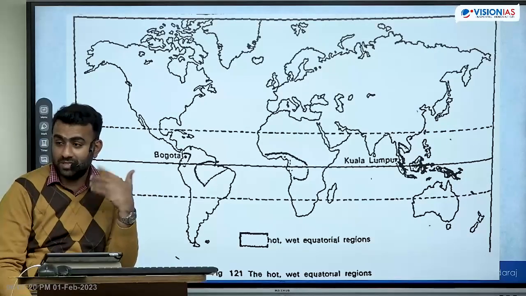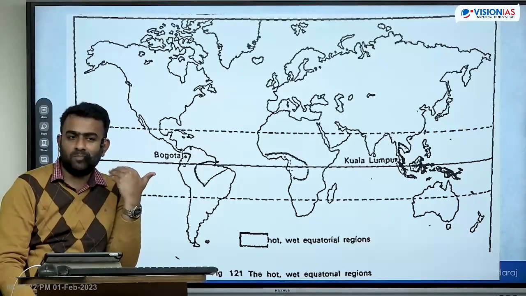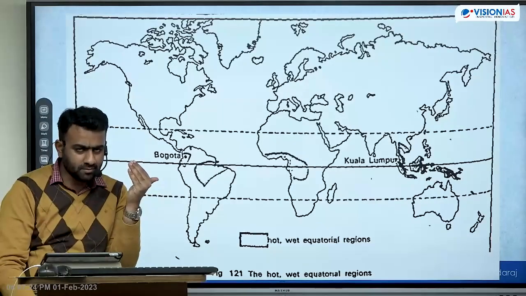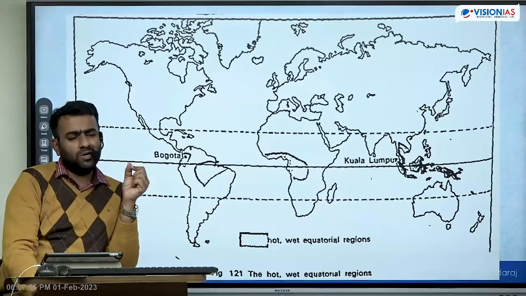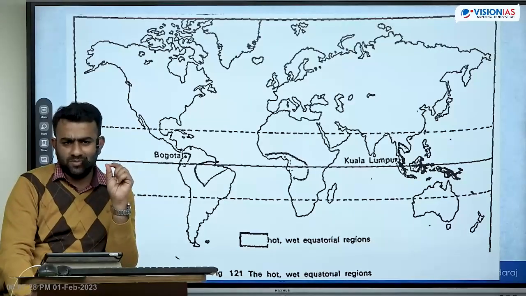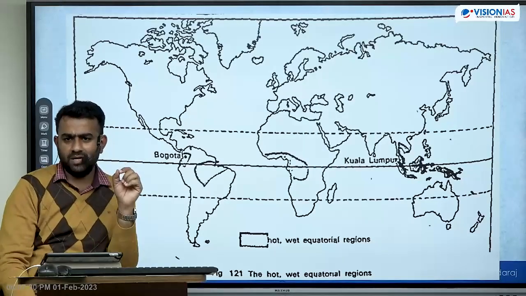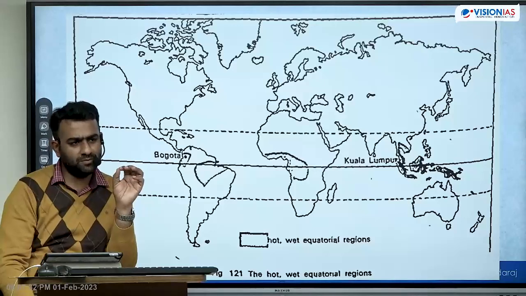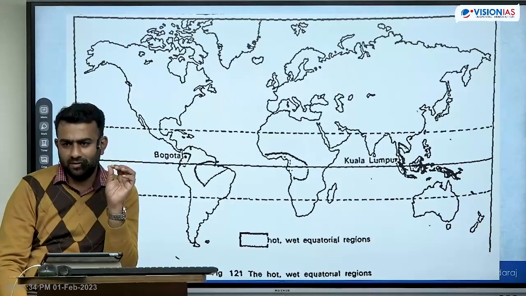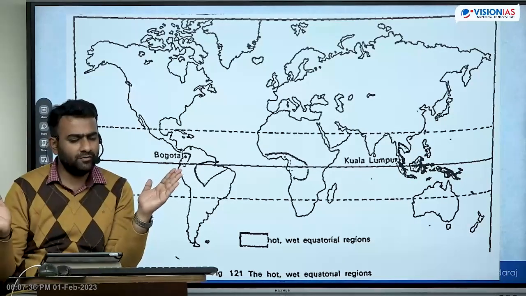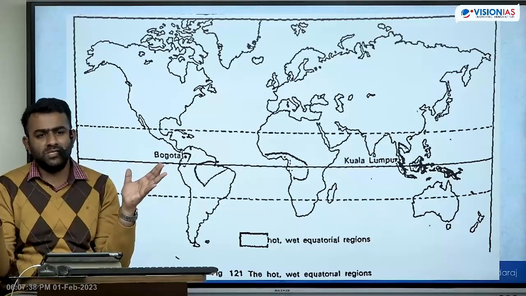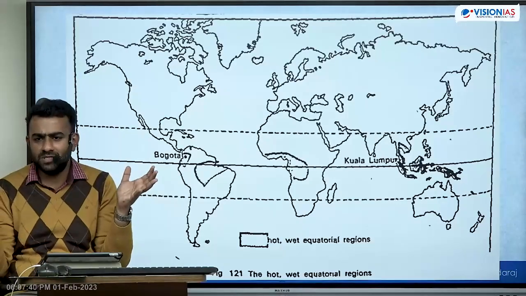The life is rich here, because for the plants the most important conditions are temperature and precipitation. जहाँ पर अच्छा खासा heat हो, sunlight हो, and precipitation हो, the plants grow very well. So you will find all the different varieties of plants here. That is what is called diversity of plants.